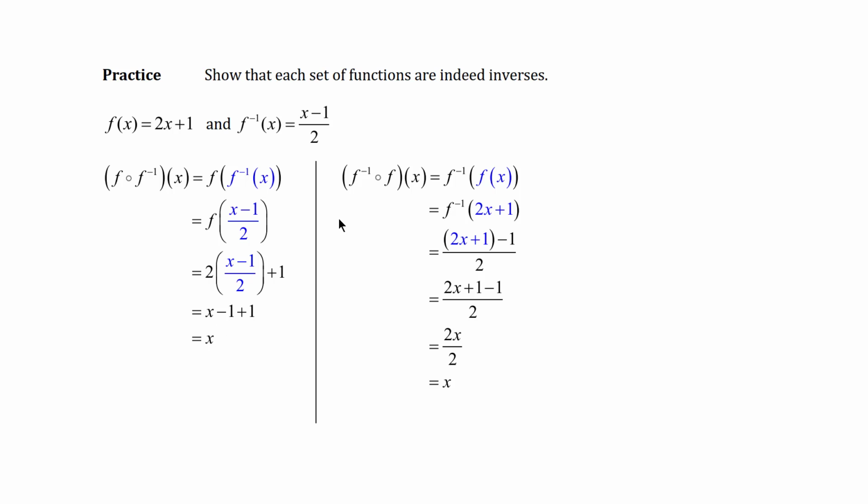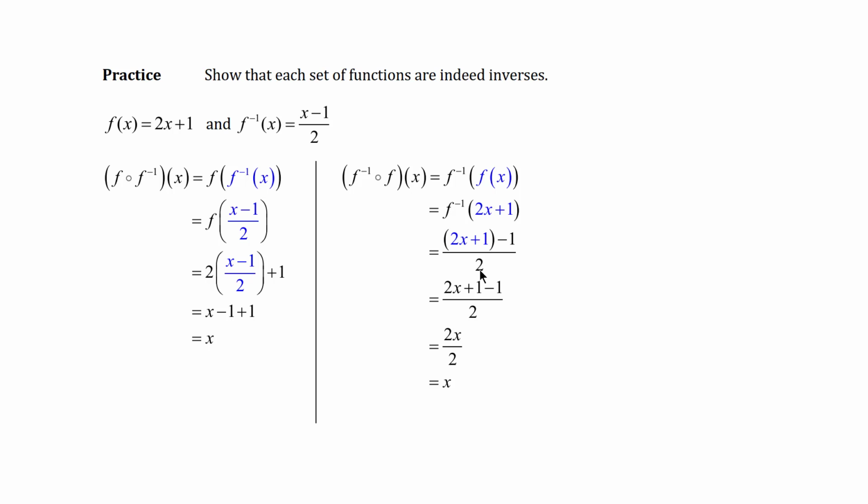Next, we do the composition f inverse composed of f of x. This is equal to f inverse of f of x. f of x is just 2x plus 1, so we get f inverse of 2x plus 1. Next, we substitute in 2x plus 1 into the inverse function. We get ((2x plus 1) minus 1) divided by 2.